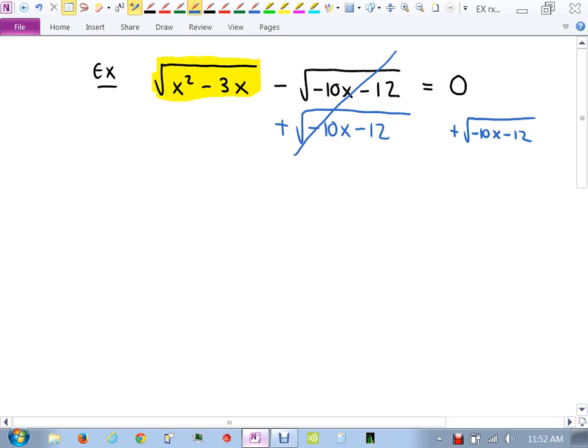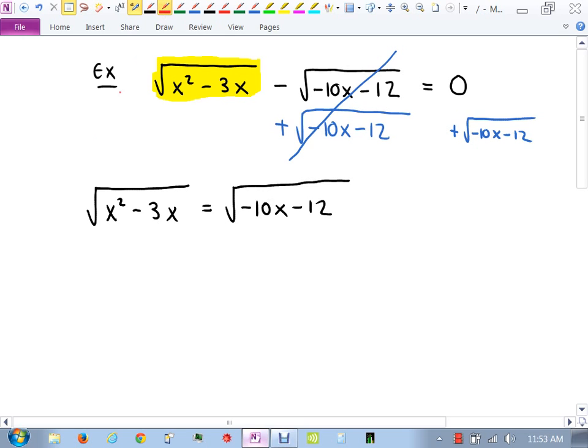The square roots cancel on the left side. And so my new equation looks like this. Square root x squared minus 3x equals positive, so I'll just put the root, negative 10x minus 12. Now this is step one. That was step one, that was isolate.